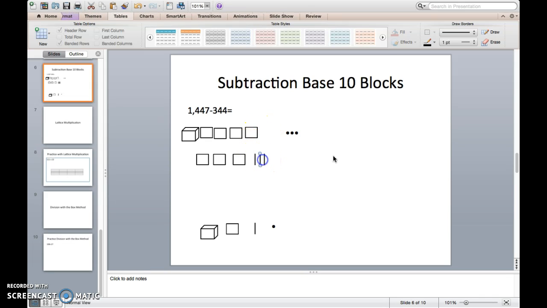We can remove these as well, since we are finished with them. And then we are going to take 3 of the hundreds.